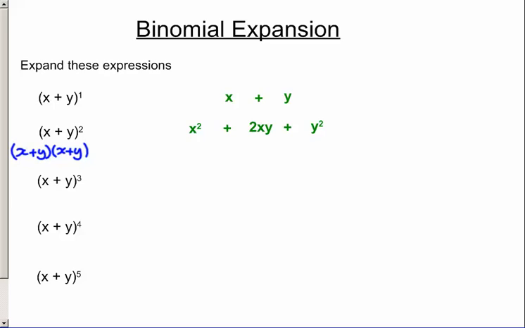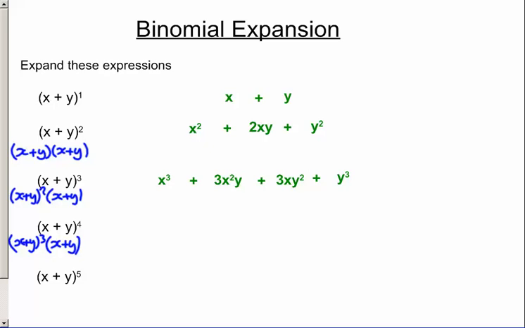The next one, you want to spot that this is (x plus y) squared times (x plus y). So everything in the one above we need to multiply by x and by y and then simplify. And we get x cubed plus 3x squared y plus 3xy squared plus y cubed. The next one, we need to spot that it's (x plus y) cubed times (x plus y).